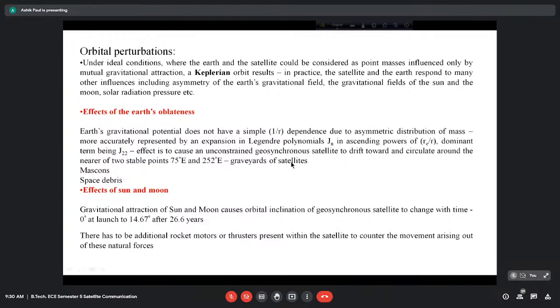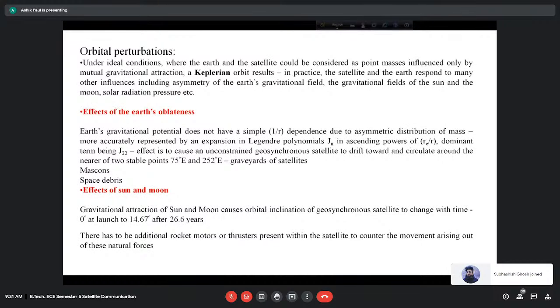That means the ratio of the radius of the Earth to the distance. Now, out of this series expansion, once again, the dominant term is J22. That is the second order term.